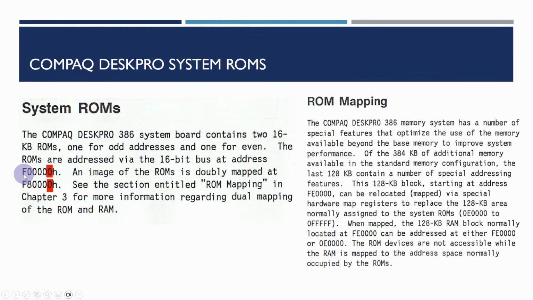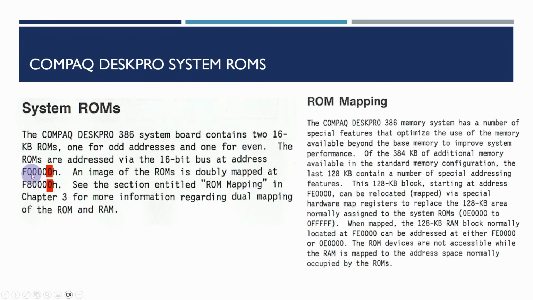Now, the documentation here, I don't think it's quite correct in that it says the ROMs are mapped at F00000. In fact that's incorrect, I'm pretty sure, and it would be F0000. So I've got one too many zeros in there, and the reason for that is because this is in the lower 1 megabyte of address space, and because they've got 16K ROMs, this would be a total of 32K.